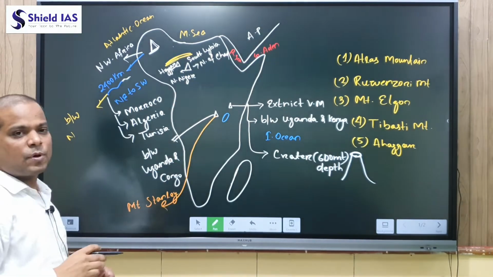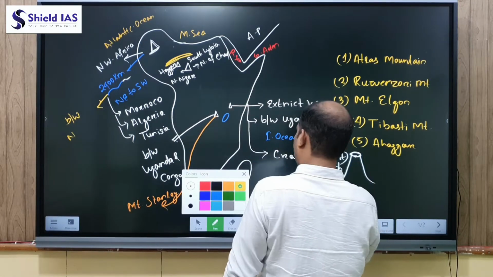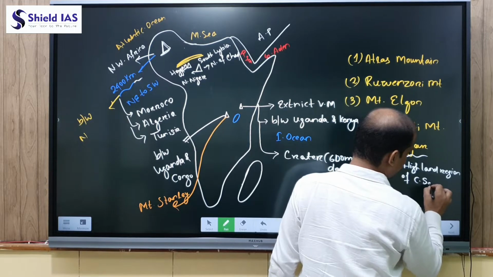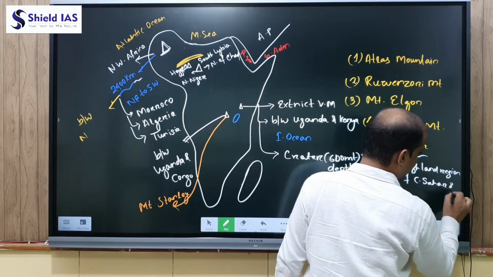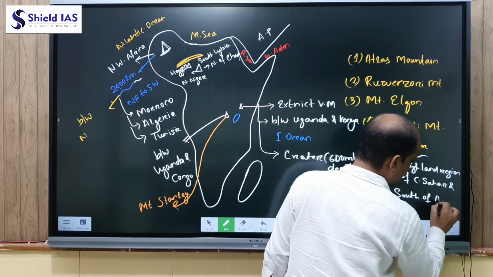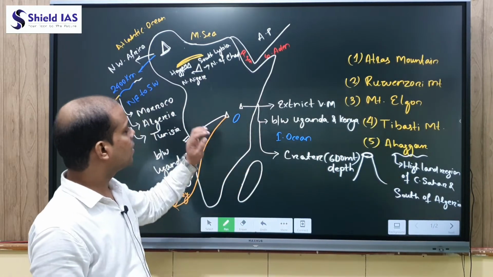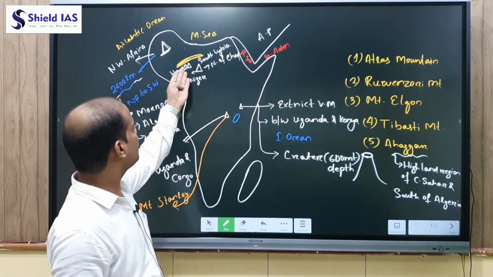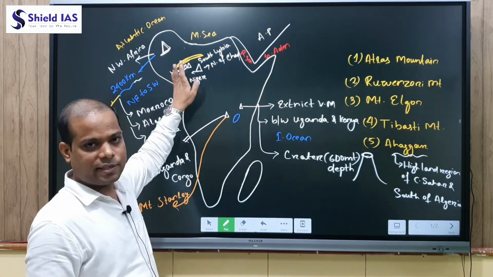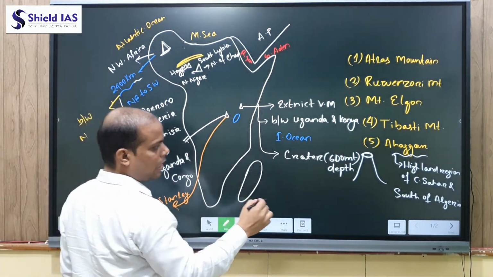So another name of Mount Agar is Hogar, and it is a highland region of Central Sahara and south of Algeria. So the location of Agar is a high region of Central Sahara, and it falls under the south of Algeria. And the next information is with respect to Agar.